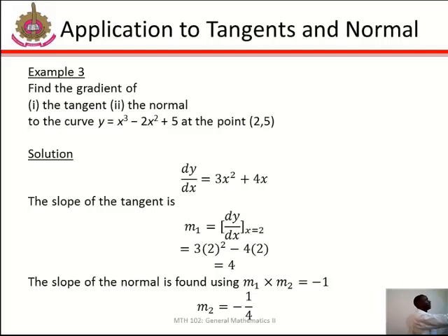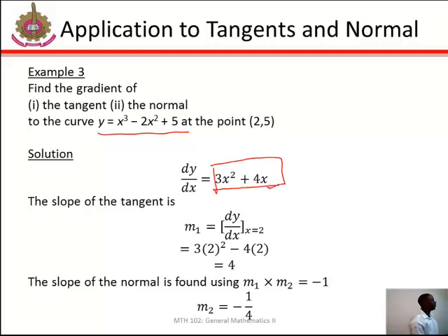Now, you know we have the expression y equals x raised to power 3 minus 2x raised to power 2 plus 5. In order to find the gradient of this expression, we are going to differentiate it. So when we differentiate it, we are going to have 3x squared minus 4x.